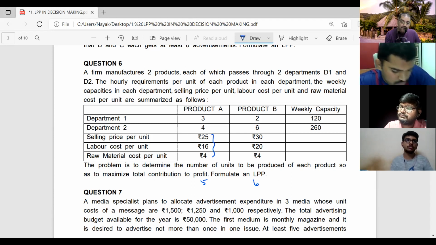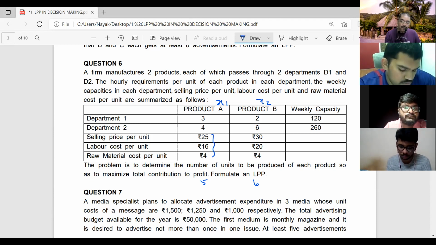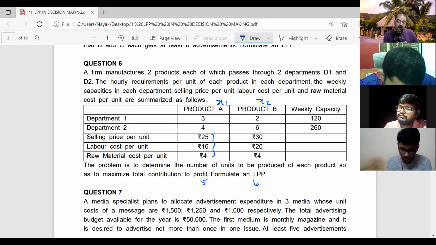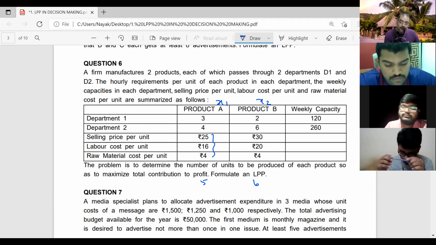So the number of units of A will be x1, the number of units of B will be x2. So 5x1 plus 6x2 should be maximized. And then for each department, you have the constraints. So 3x1 plus 2x2 less than or equal to 120. 4x1 plus 6x2 less than or equal to 260. Okay.